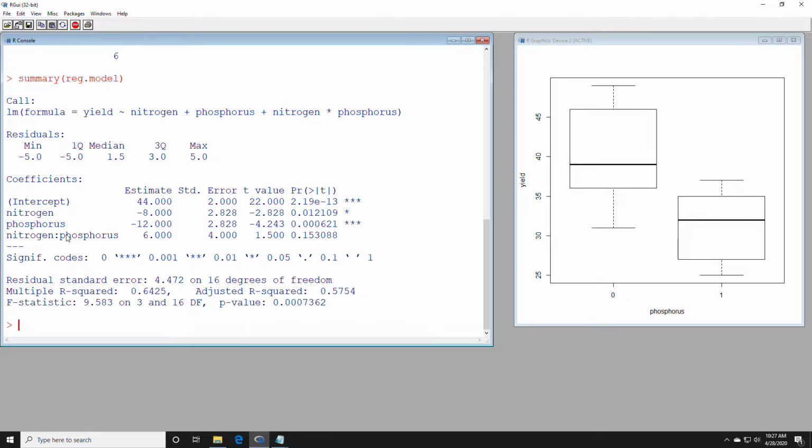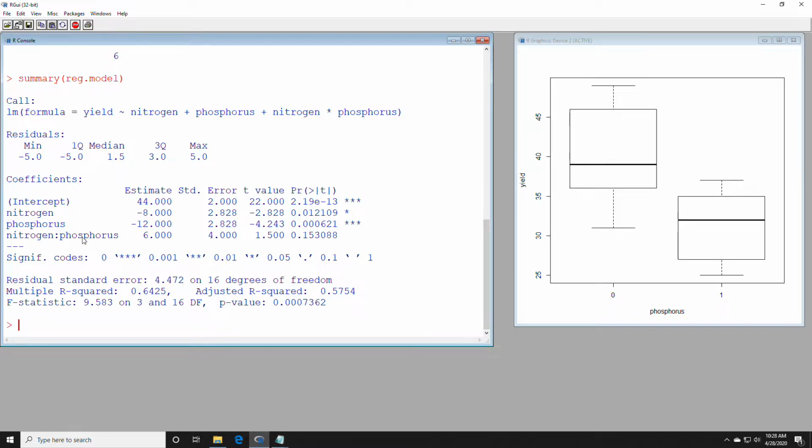Again, what the interaction means is, of course, this says yes, nitrogen is related to yield. This variable says phosphorus is related to yield, but an interaction between nitrogen and phosphorus means that together their unique values determine and influence crop yield. Meaning that, for example, maybe when nitrogen is lower, that impacts how much of an effect the phosphorus level has, right?